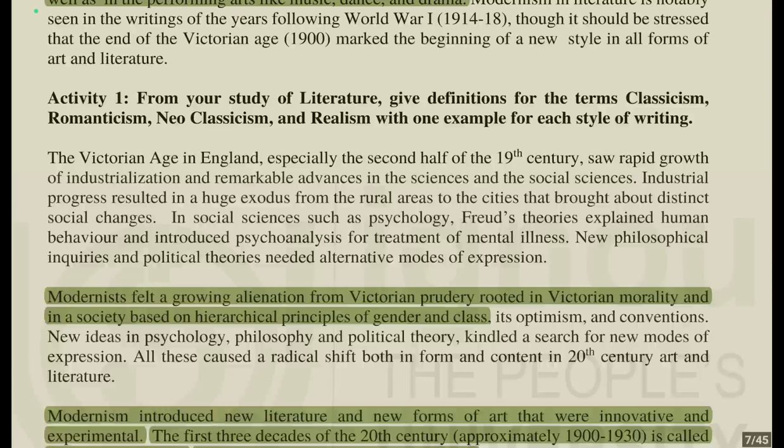Industrial progress resulted in a huge exodus from the rural areas to the cities, that brought about distinct social changes. So you can clearly see what industrialization did. And the word exodus means a mass departure. People in huge quantities started moving from villages, from rural areas to the cities, and this brought about a really big social change.